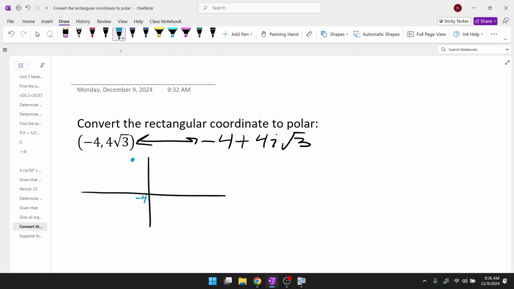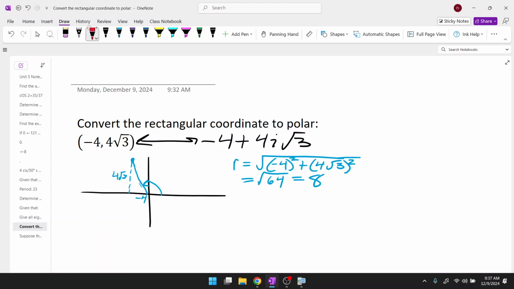You have -4, then you have 4 root 3, and it's obviously going to be a second quadrant angle. So basically, r is going to be the square root of -4 squared plus 4 root 3 quantity squared, which is going to end up as the square root of 64, or 8.